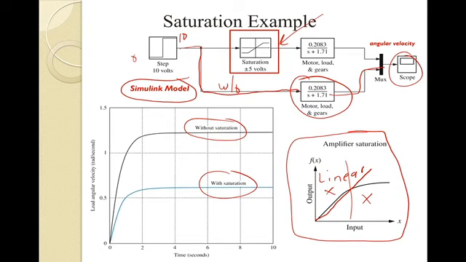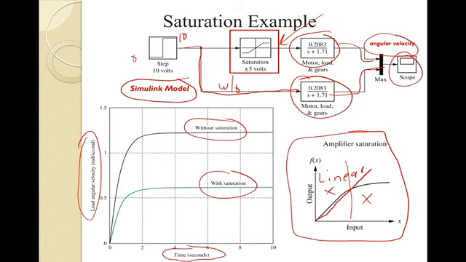So even though we're saying, give us 10, the amplifier only has 5 volts to give. When we put that onto our response here, notice that we have the same transfer characteristic. We just want to compare the two, and the variable we are going to look at in this case is angular velocity. So we're looking at angular velocity as a function of time, and we can see the two responses.